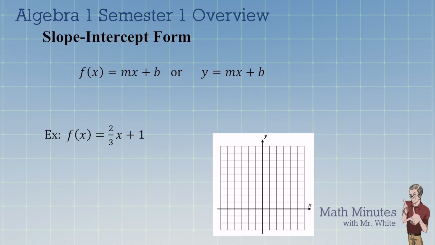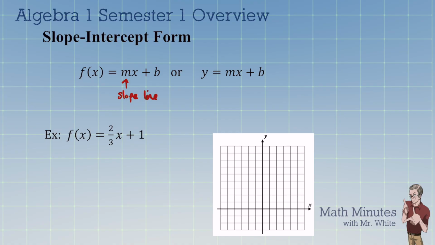All right, so in your algebra class, you then talked about how to graph a linear function using slope-intercept form. Slope-intercept form is y equals mx plus b, or we could use function notation, because f of x is the same thing as y after all. But either way, it's mx plus b, where m is the slope of the line.